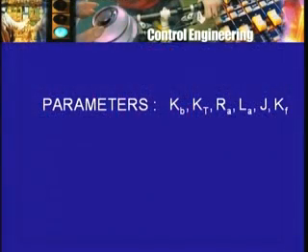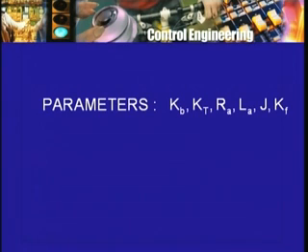Okay, so we have these four variables of importance besides the back EMF and the torque that is produced at every moment of time. And we have to know the values of the various parameters that are associated with the drive. There are motor parameters: the two constants Kb and Kt, which will be nearly equal for a given field current, of course. There is the armature resistance Ra, and the armature inductance La, which we must know.